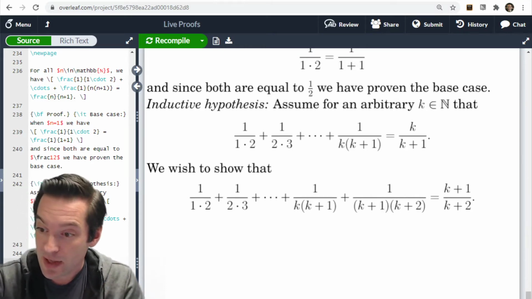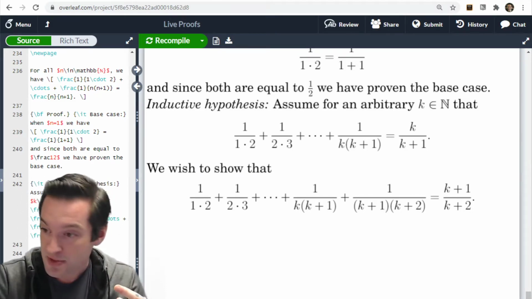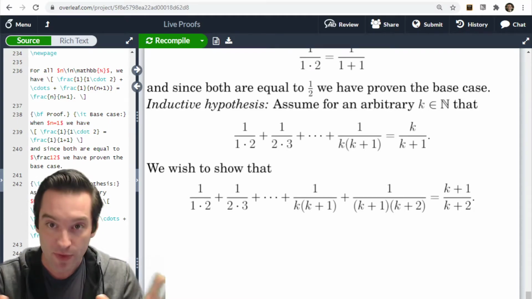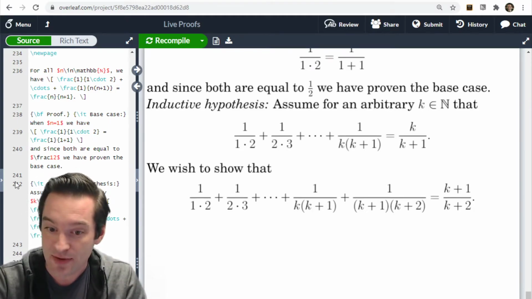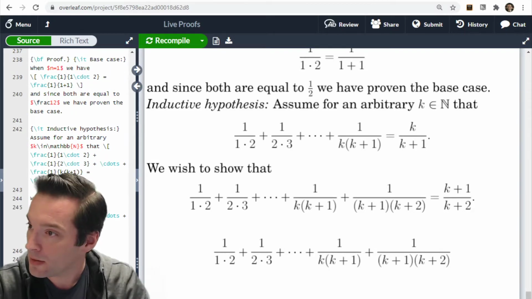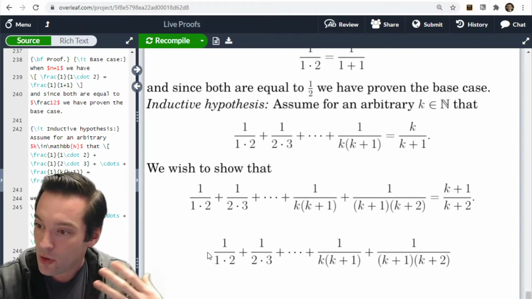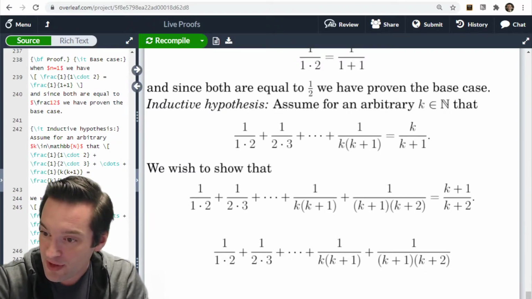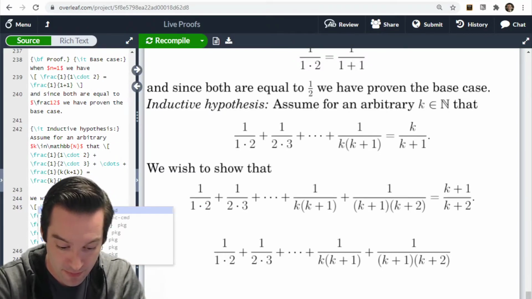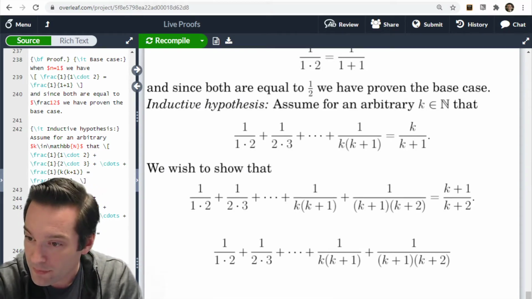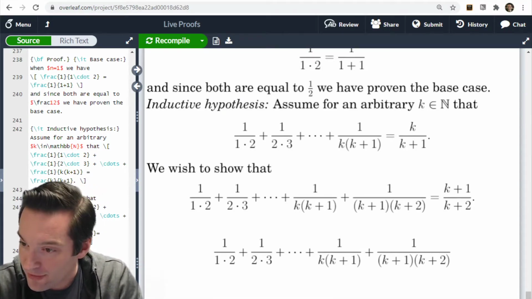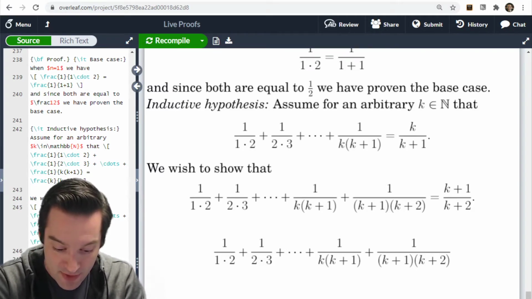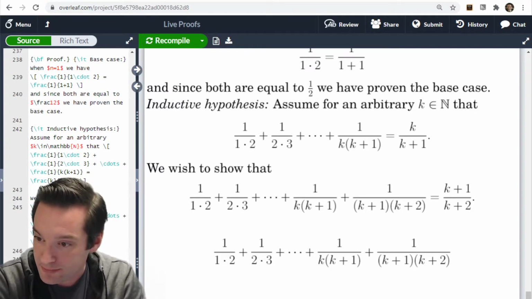So how do we communicate to the reader that we're establishing this identity by working from left to right? To do that, we'll start by taking the left-hand side of this equation. Here is the whole sum that we're trying to make an inference about. But we notice that the first k terms of that sum, everything up until that final plus sign, according to our inductive hypothesis, is equal to k over k plus 1.